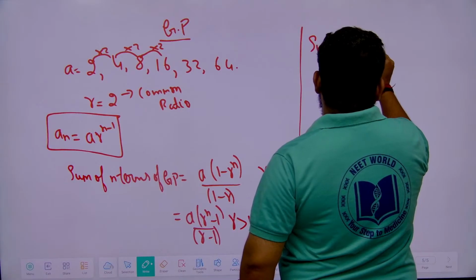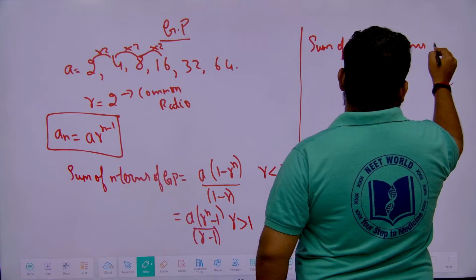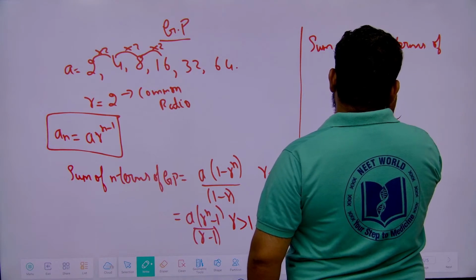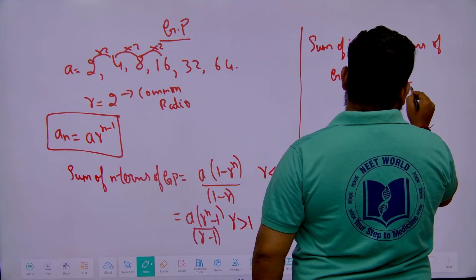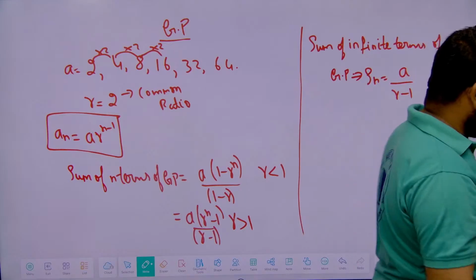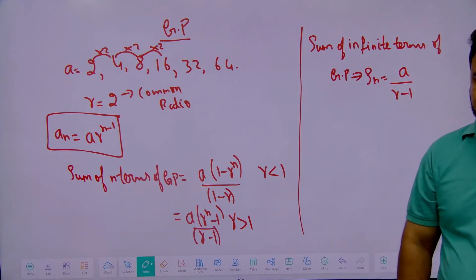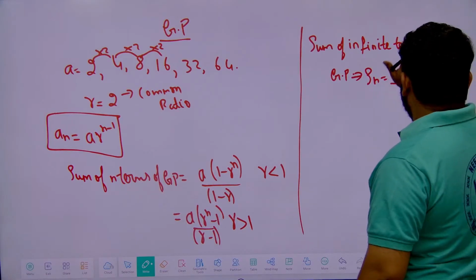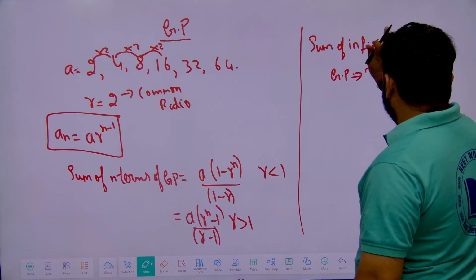Sum of infinite terms, remember only one formula, infinite terms of GP. Sn is equal to A by R minus 1. Sorry, this should be S infinity.